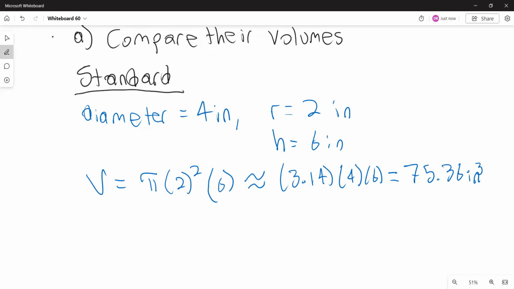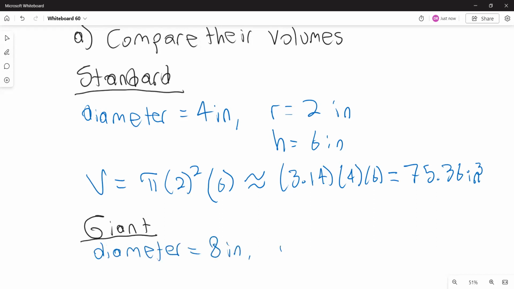And the giant economy size has a diameter of 8 inches. So the radius is 4 inches.